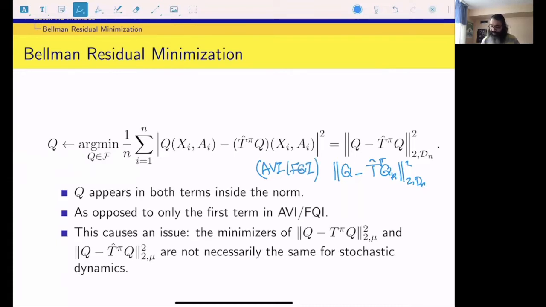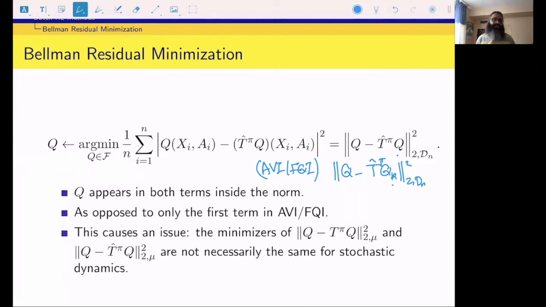So the difference here is that we have a K here, but we don't have a K there. In some sense, both terms in Bellman residual minimization are Q. But for approximate value iteration, only one of them is Q, and the other is fixed.